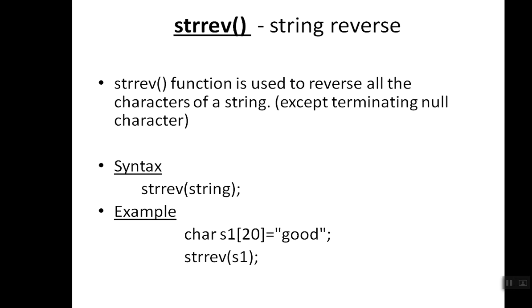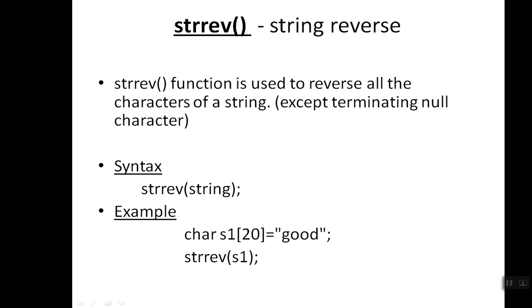Next one more function is called strrev, and this function will not work with GCC. With other compilers it will work, so just learn the syntax and don't try with GCC. GCC will not support the string reverse function. So strrev of s1, where s1 equals good. Now it reverses s1, and that will be stored in s1 itself.